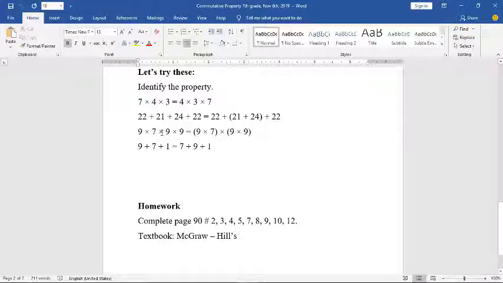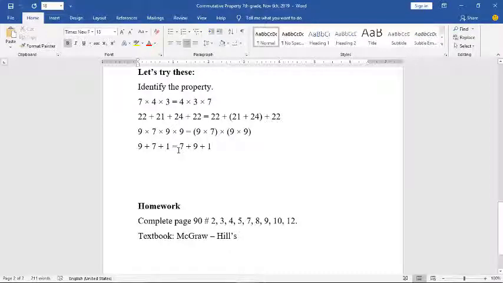For this one, 9 times 7 times 9 times 9 equals 9 times 7. There is a grouping here. Times 9 times 9, another grouping here. So, if we are grouping factors, that means you associate them. It's the associative property of multiplication.